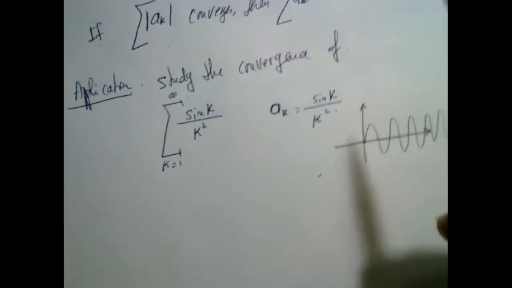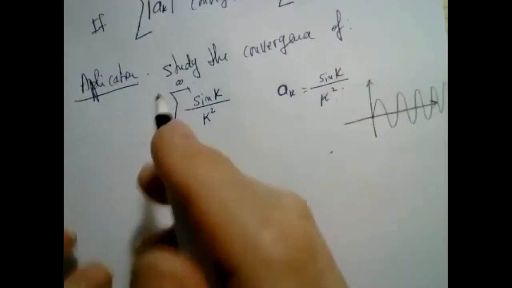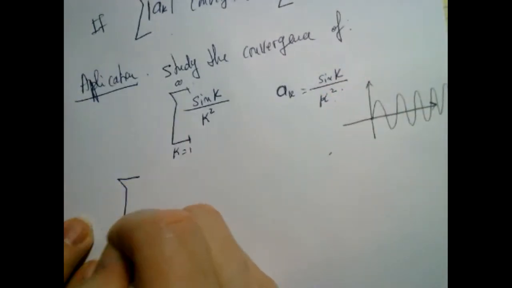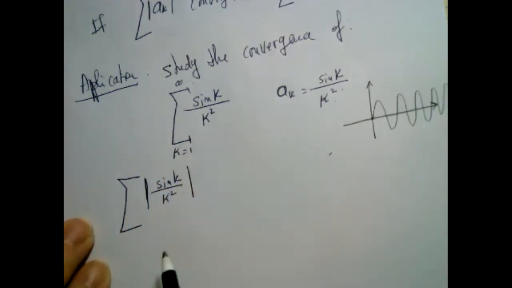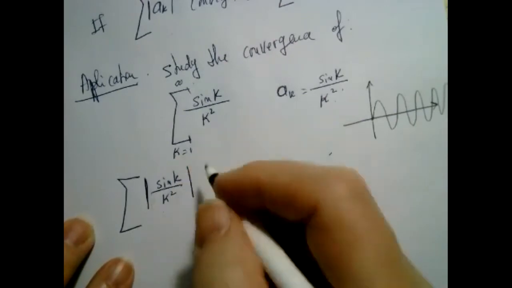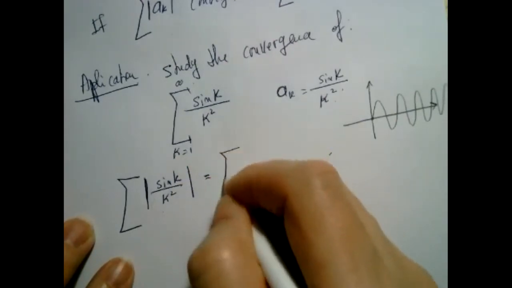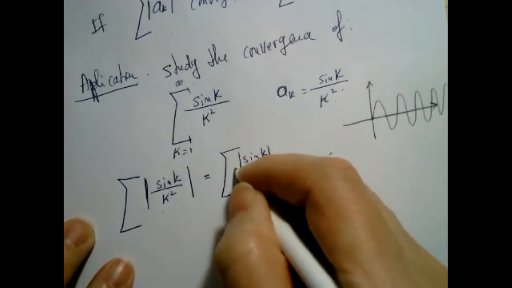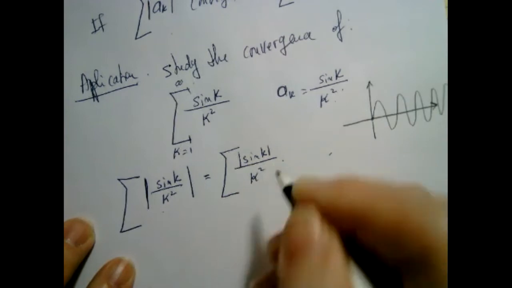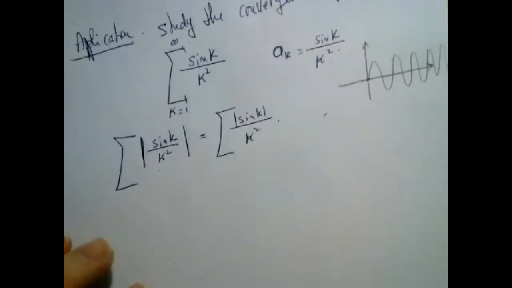So the way I'm going to do that is look at the series in absolute value. If I can prove it converges absolutely, it will converge. The benefit is that now I have a series with positive terms and I can use every test I want.